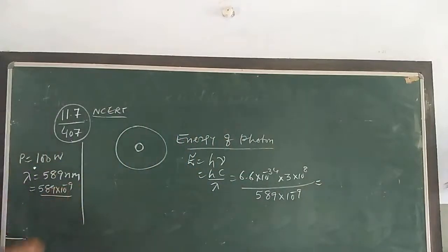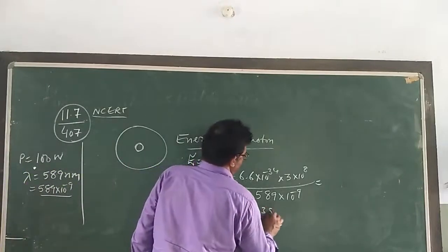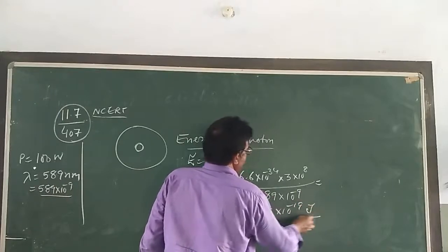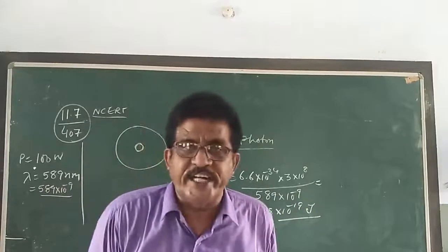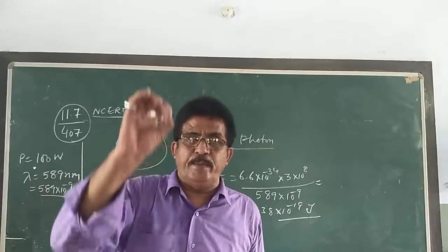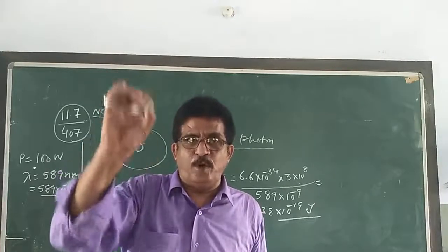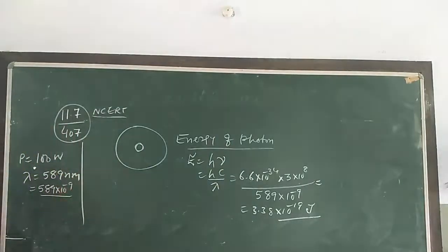Then you can find the value of energy, that is 3.38 into 10 raised to power minus 19 joule. The unit of energy is joule. Again I am telling, remember the formula. How can you remember? Write all the formulas on a single page. So you can calculate energy.